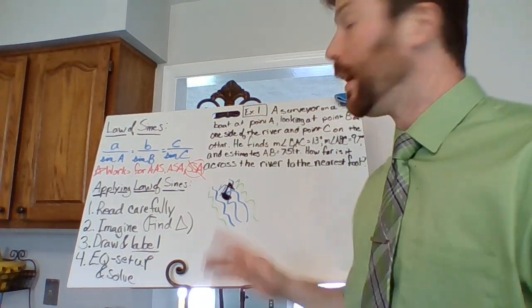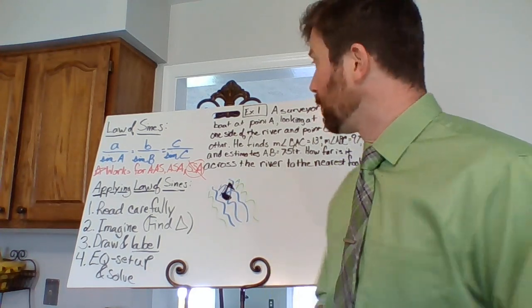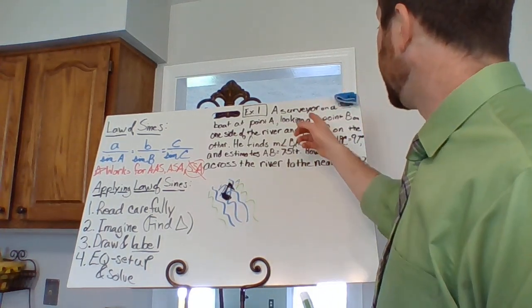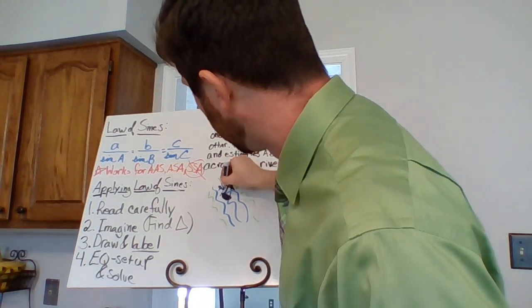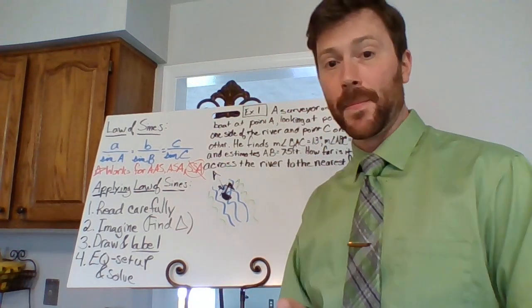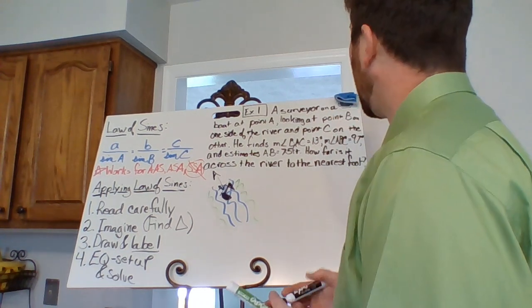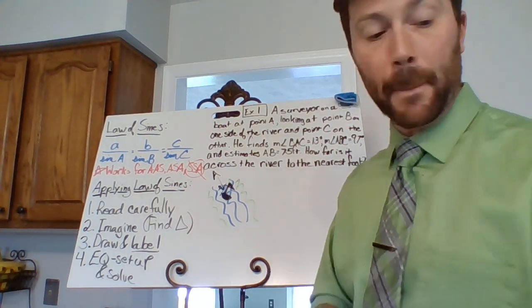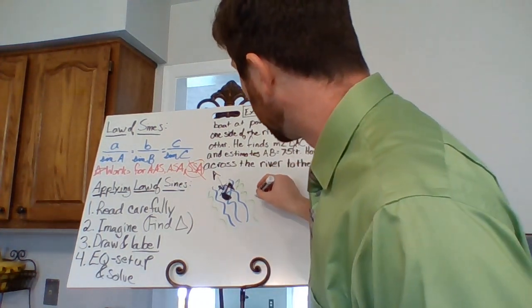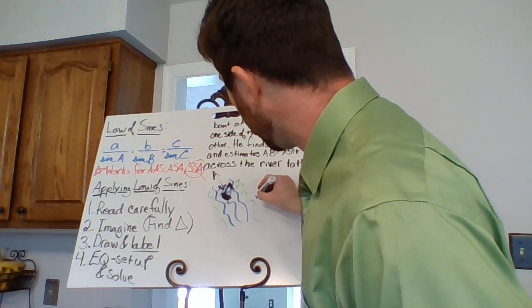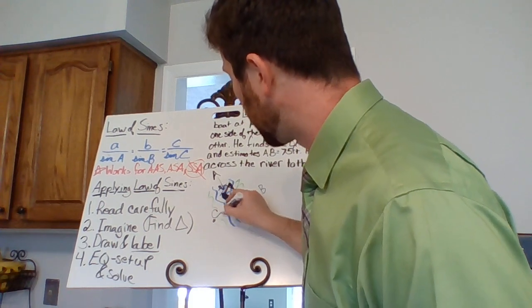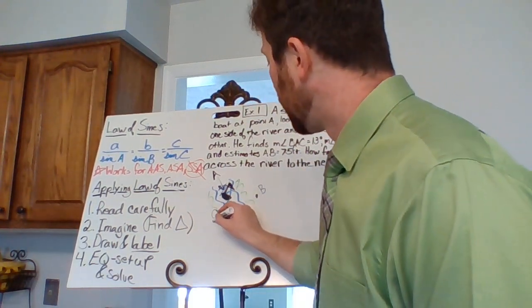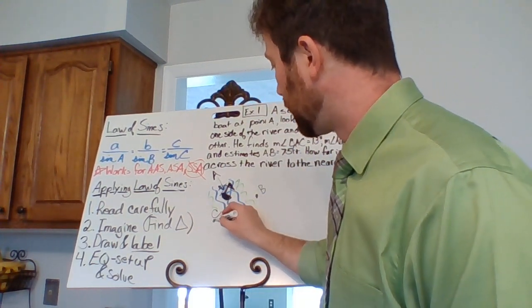So there's the boat on the river, and he is at point A. So this boat, that's A. Now, he's looking at point B on one side of the river. So here's point B, and point C on the other side of the river. So here's point C. Here, ladies and gentlemen, is your triangle.